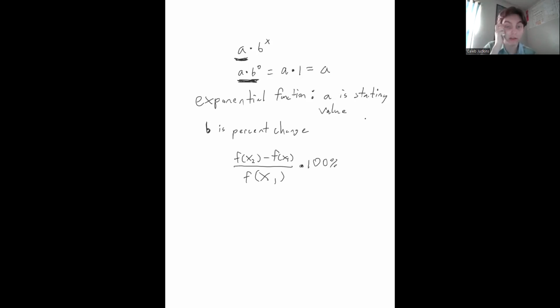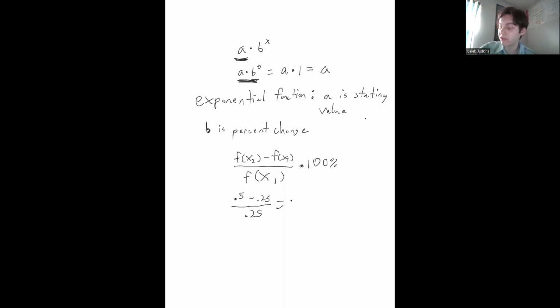So this is just a way of identifying how much our outputs are changing. For instance, if for some reason I had an output of 0.5 after having an output of 0.25, then percent change is asking how much did we change going from 0.25 to 0.5?